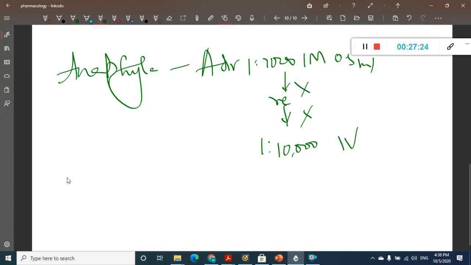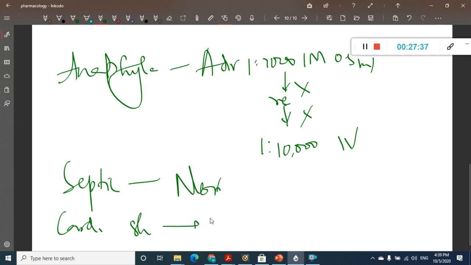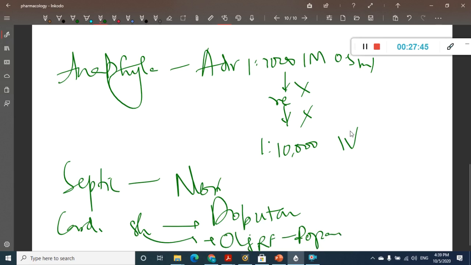Okay, that is anaphylactic shock. Then in septic shock, you give epinephrine. Okay, so sorry, in septic shock you give noradrenaline. Then if there is cardiogenic shock, normally you give dobutamine. Okay, if this cardiogenic shock is associated with oliguric renal failure, then you give dopamine.